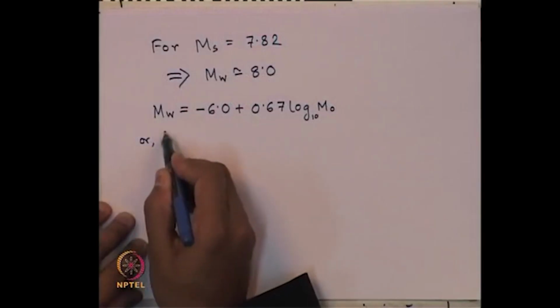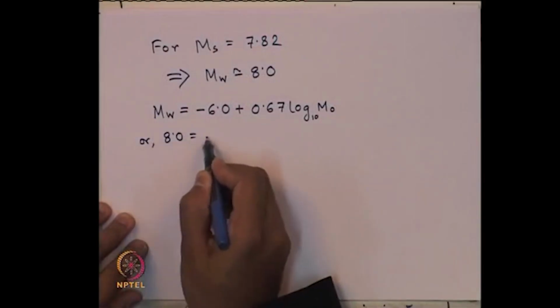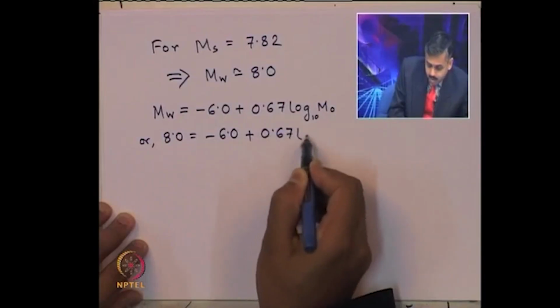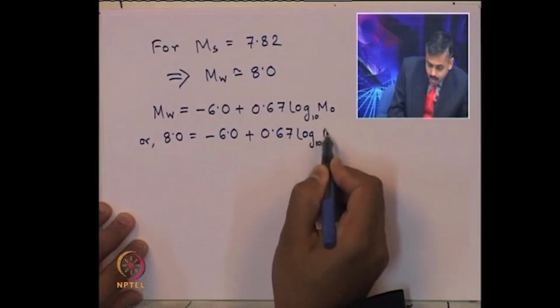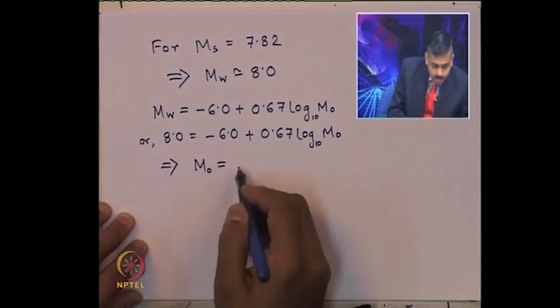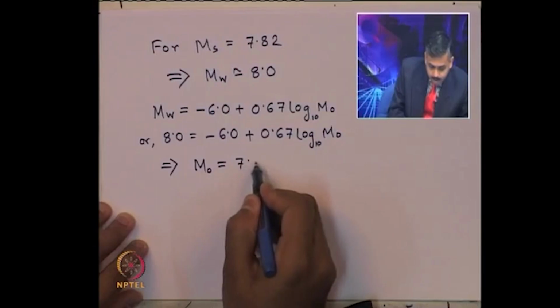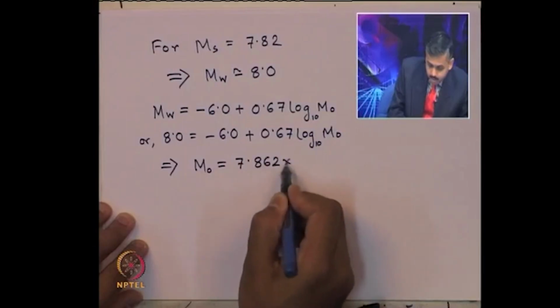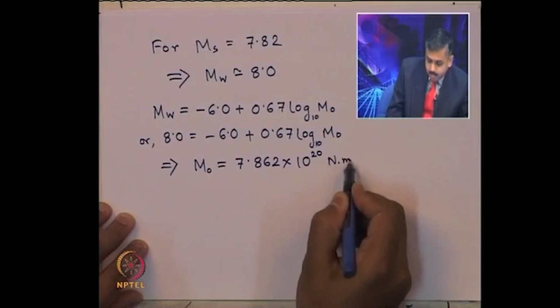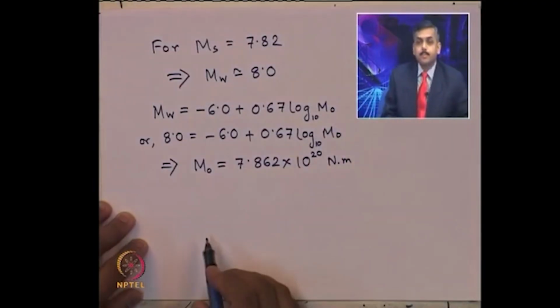So, we can put this value of 8, and it will give us the seismic moment M naught as 7.862 into 10 to the power 20 Newton meters, because that is the unit in this equation.